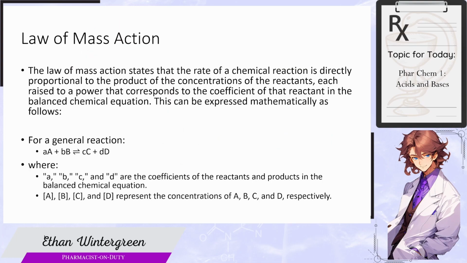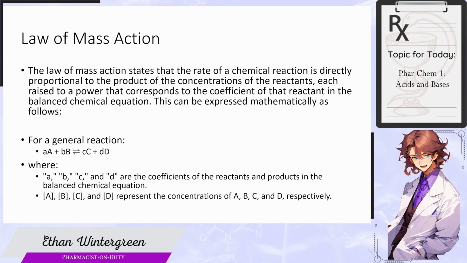Okay, let's continue. So let's have a short review of our law of mass action. We have discussed this in our prior discussions in our equilibrium and our chemical reactions. But to simply have you recall, a general reaction has rates. So the rate of reaction is based on the concentrations of the reactants and the products together with the coefficients.